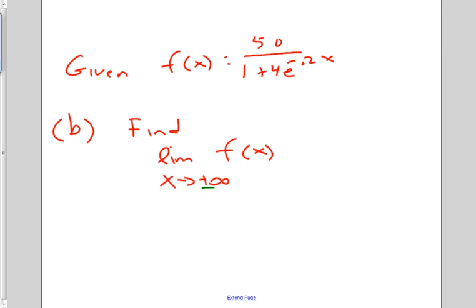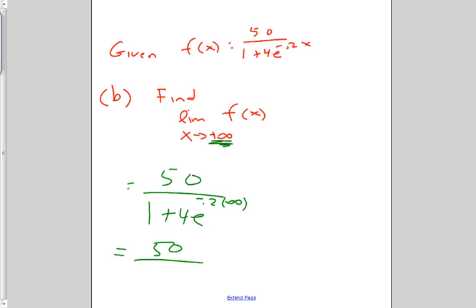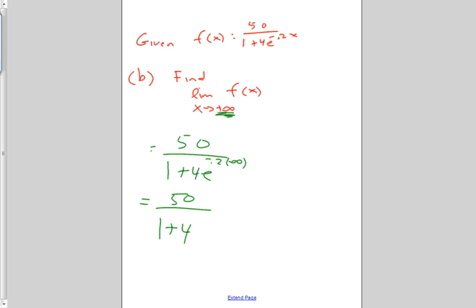What about as x approaches positive infinity? Well, let's do the same kind of ugly method again. Let's put in positive infinity. And we get 50 over 1 plus 4 e to the negative 0.2 infinity, which equals 50 over 1 plus 4 times e to essentially negative infinity, which is 50 over 1 plus 4 times 1 over e to infinity, using what we know about negative exponents.